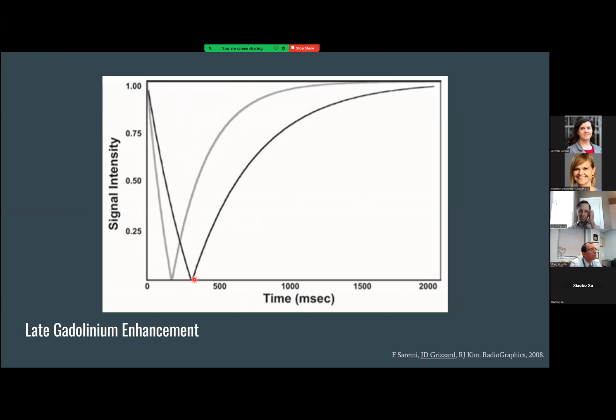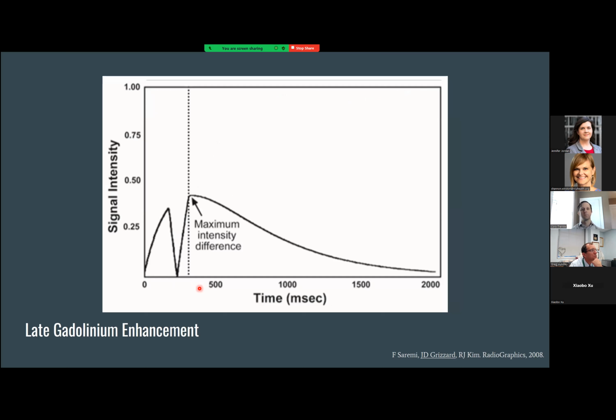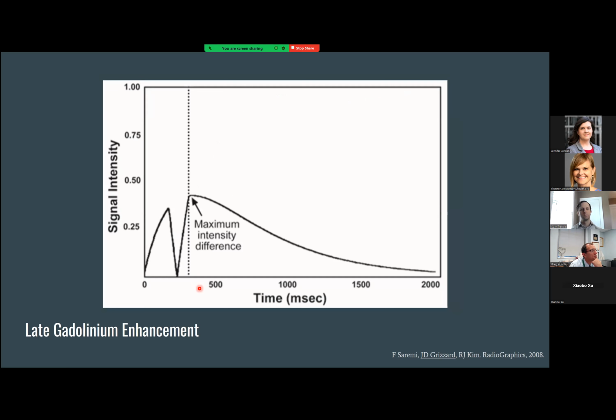But you can see that the null point for normal myocardium is much higher than the null point for our contrast enhanced tissue. With our late gadolinium enhancement, what we're trying to do is select a time where we have the maximum difference between those different tissue properties so we can appreciate them. And that's what we have on this graph here.